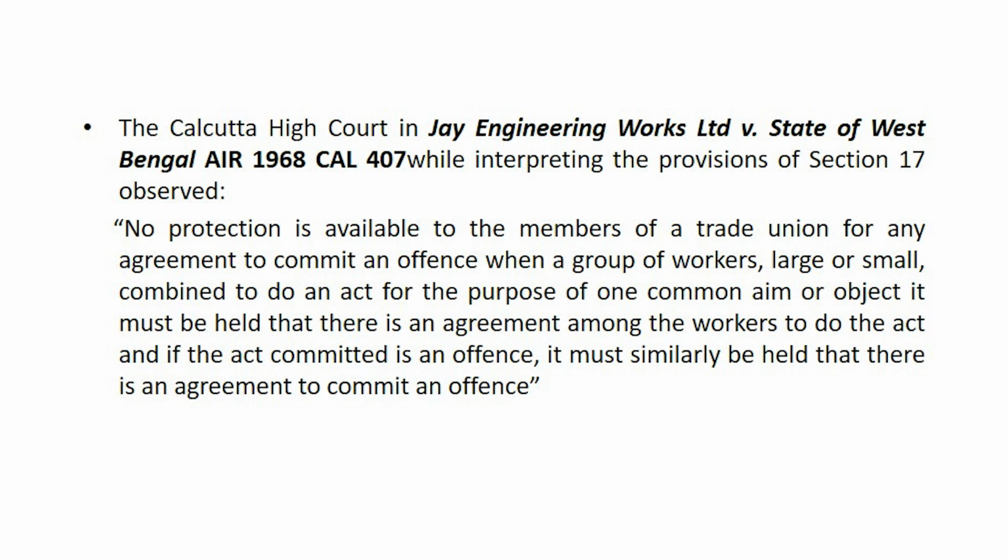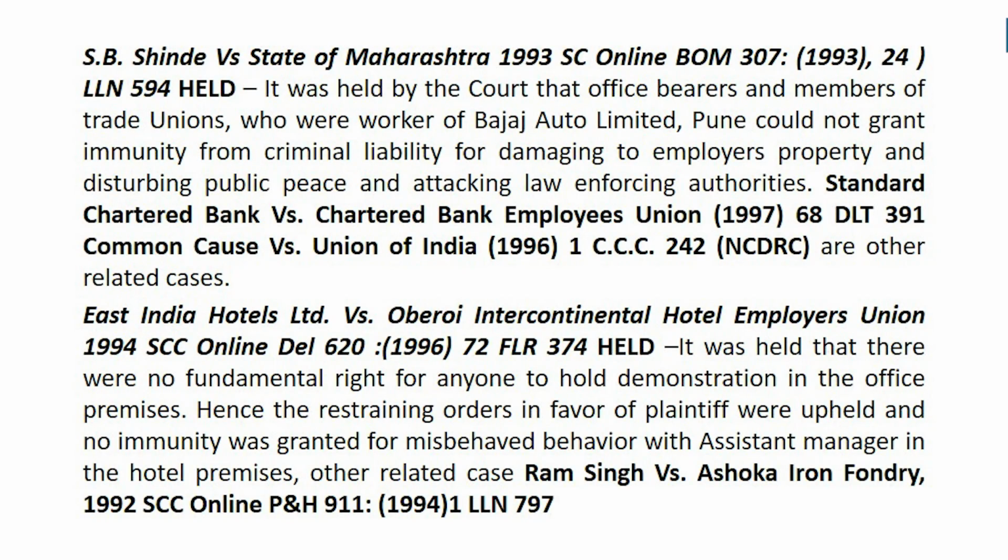When a group of workers, large or small, combine to do an act for a common aim or object, it must be held that there is an agreement among the workers to do that act, and if the act is an offence, it must similarly be held that it is an agreement to commit an offence. So, no immunity can be granted if all the members unite and enter into an agreement to commit any kind of offence.